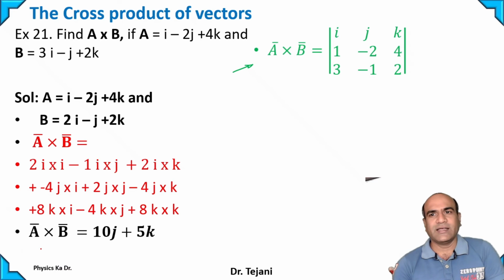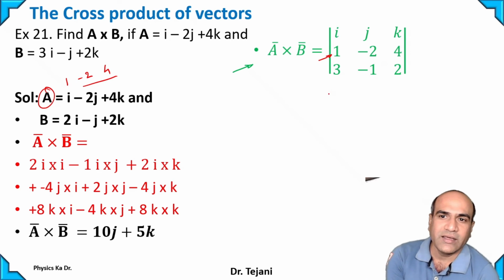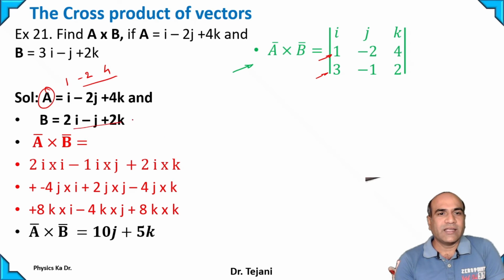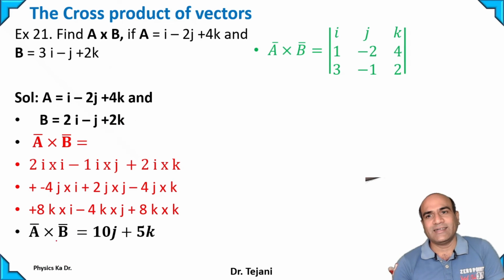We should take the first row i j k, and then next, that is A, which is 1 minus 2 4. Put here 1 minus 2 4, and the third row is B, that is 2 minus 1 4. Put these values here, and let's solve this determinant.